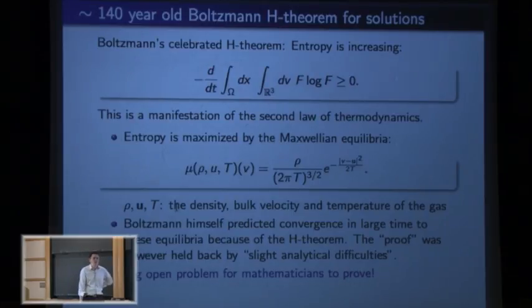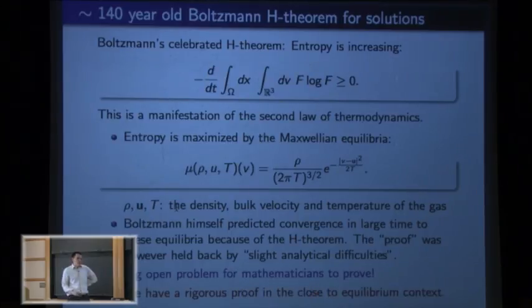There's now a literature in this field that I won't discuss because I don't have time, but what we do have is a rigorous proof without making any unverified assumptions in the close to equilibrium context, and that's our result.